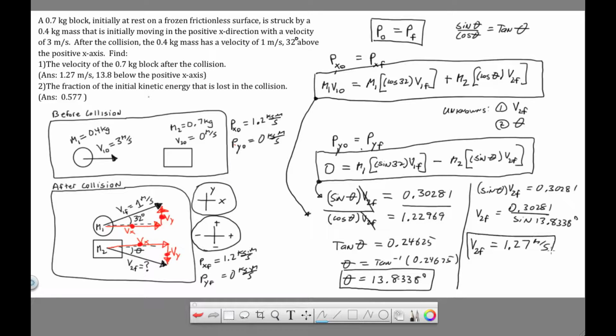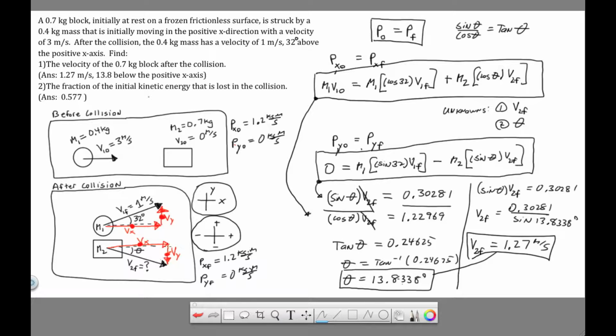So the answer to the first question is M2 after the collision moves with a velocity of 1.27 meters per second at an angle of 13.8 degrees below the positive x-axis.